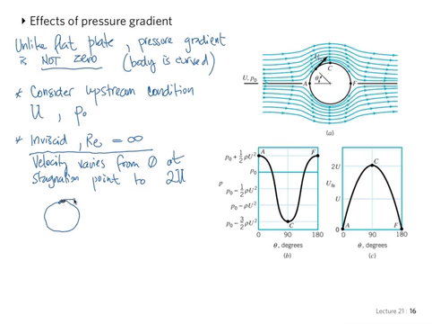So this point here has a velocity 2U, capital U, and this point of course has velocity equal to 0. Stagnation point, there's also another stagnation point in the back, velocity equal to 0, and this one has velocity 2U.